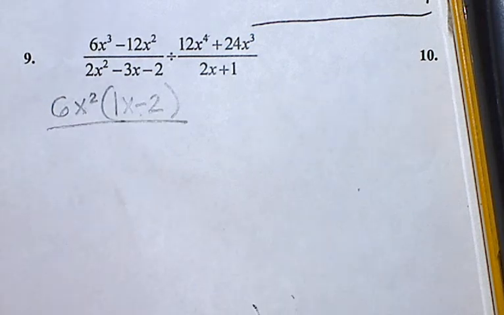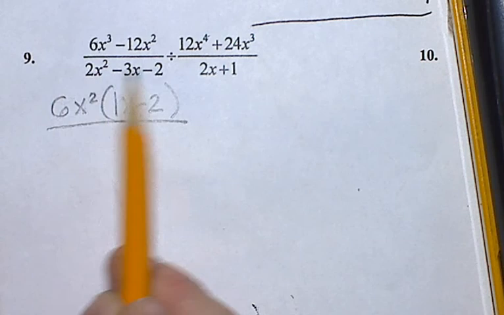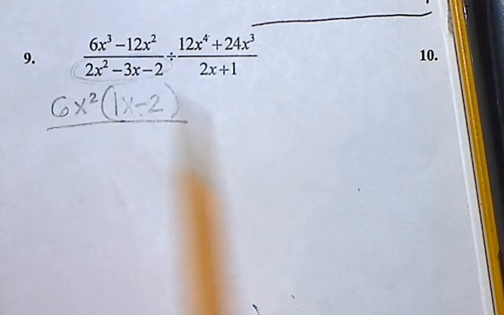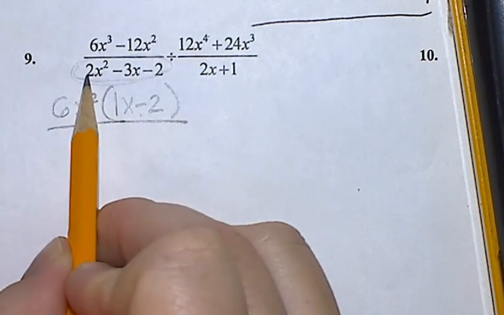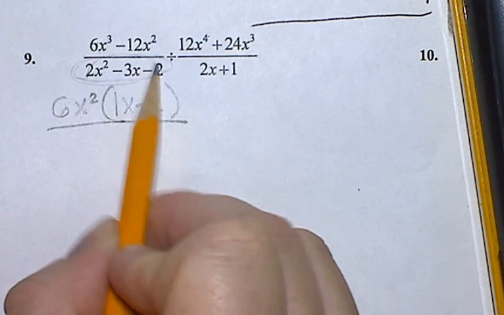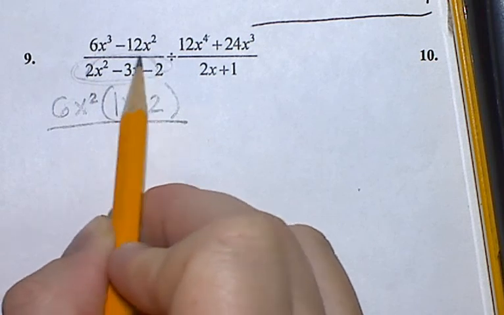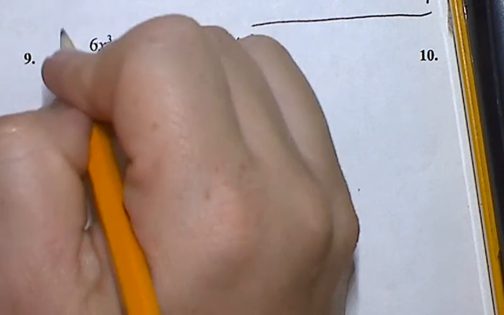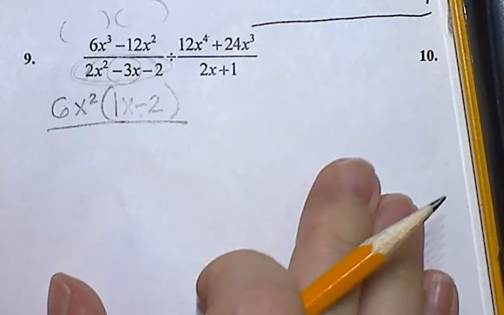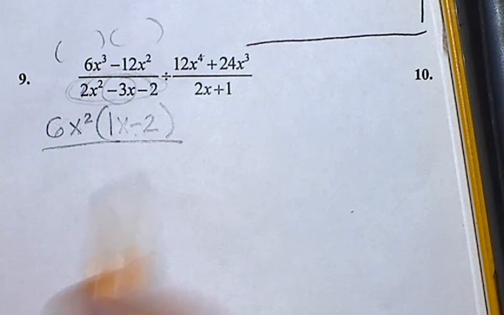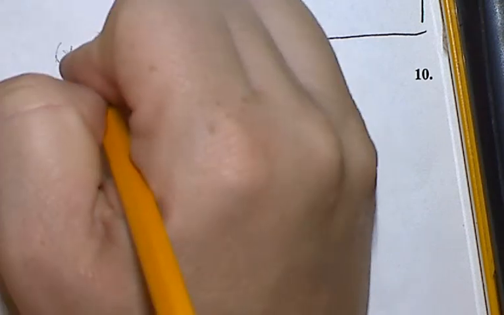I'm going to go off to the side and I'm going to factor this trinomial. So I'm looking for two numbers that multiply to give you negative 4 and combine to give you negative 3. So negative 4 and negative 3. So combined to give you negative 4 would be x minus 4 and x plus 1.